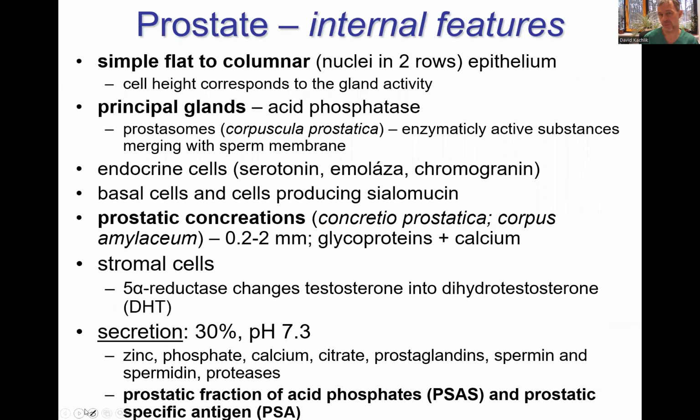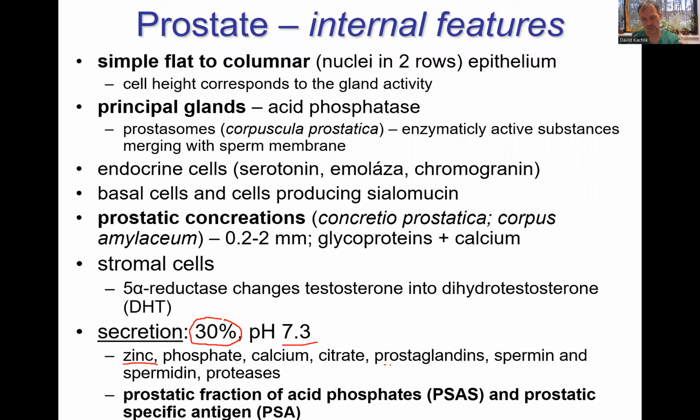What is the function of the prostate? The function of the prostate is to form the remaining 30% of the semen fluid. The pH is also a bit alkaline, so it also stops the movement of sperms. Also, to stop the acrosomal reaction, very necessary is the production of zinc.